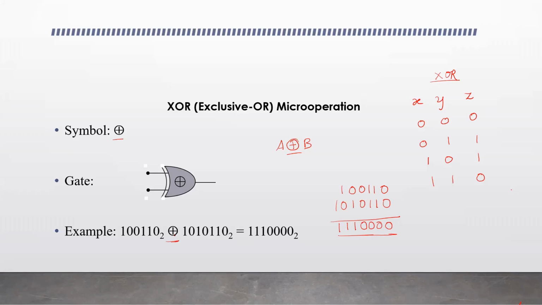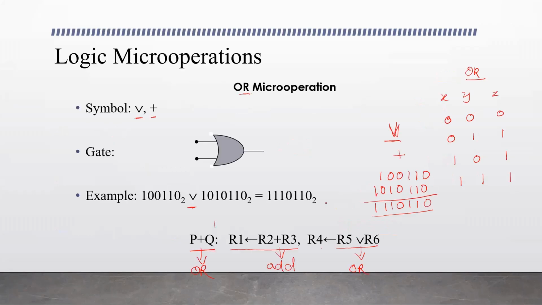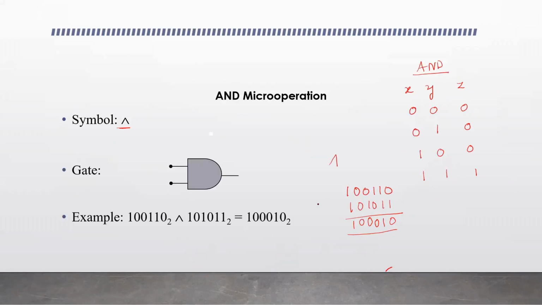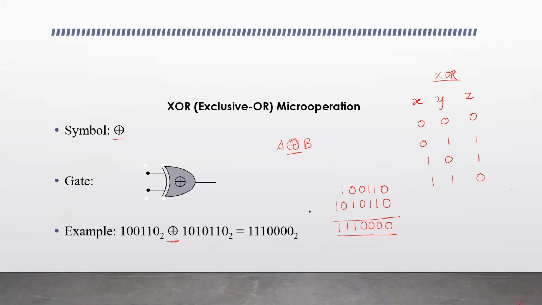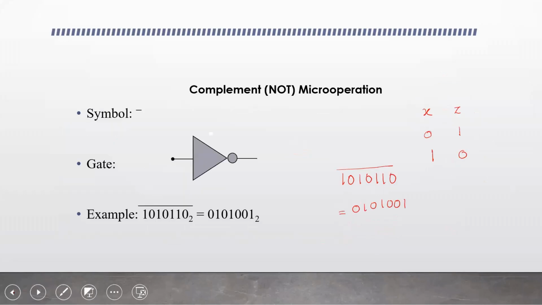So these are all the basic logic operations: OR operation, AND micro operation, complement operation, and then exclusive OR operation, and all the other operations. If suppose the operation needs to be performed as A AND B complement, this can be done by the basic operations. We already have the complement operation.